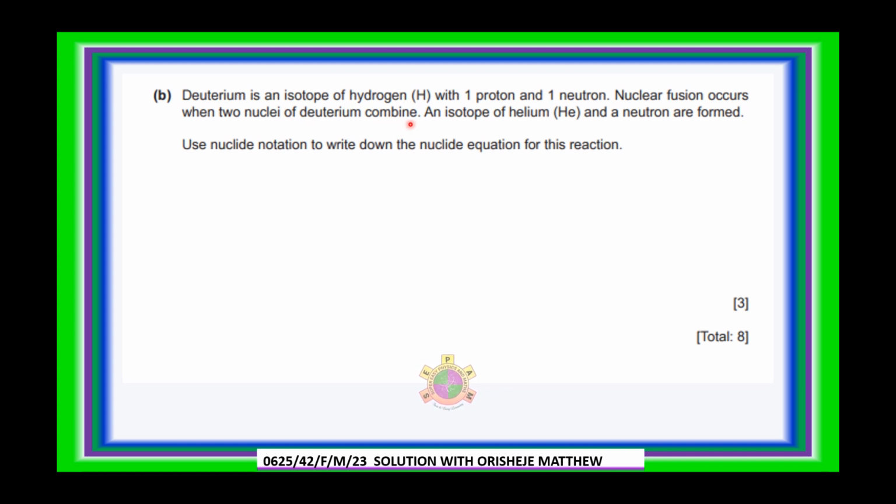So you have deuterium, 2 1, 2 1. They combine together to form helium, and one neutron is released.